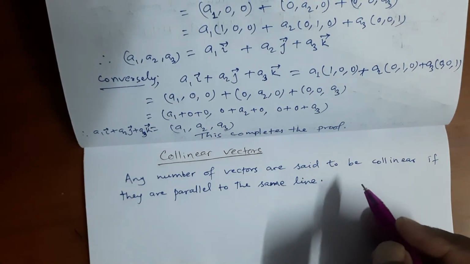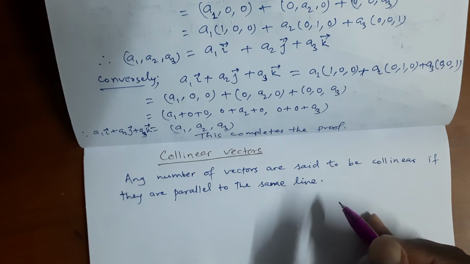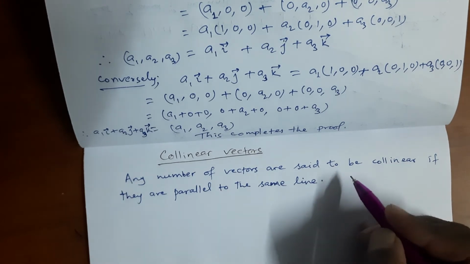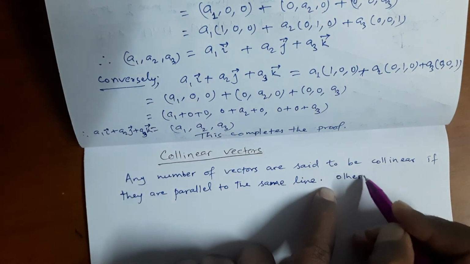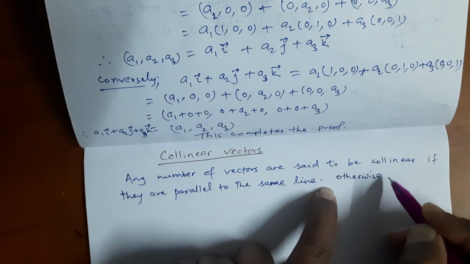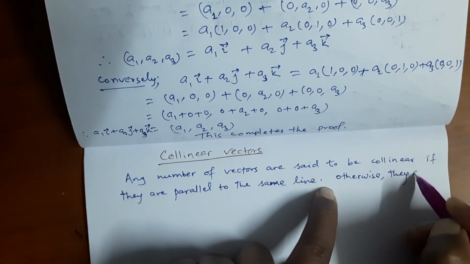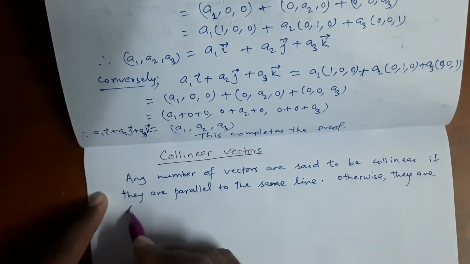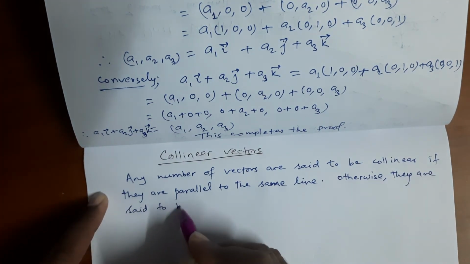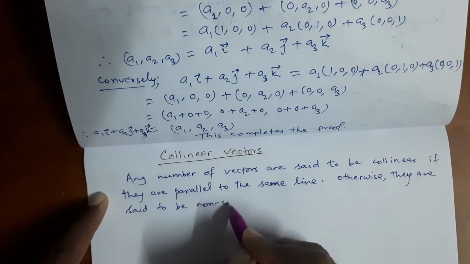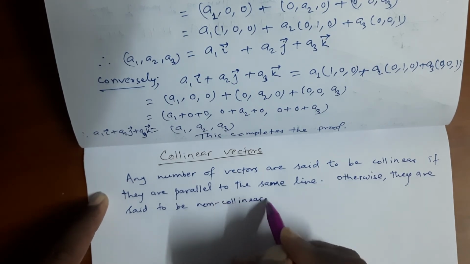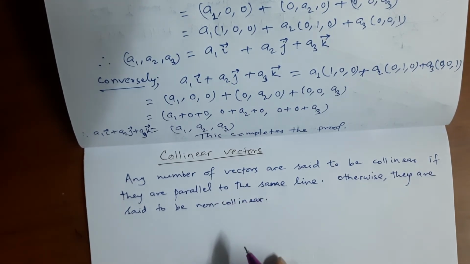Otherwise they are said to be non-collinear. Okay, if they are parallel to the same line, they are said to be collinear. Otherwise they are said to be non-collinear.